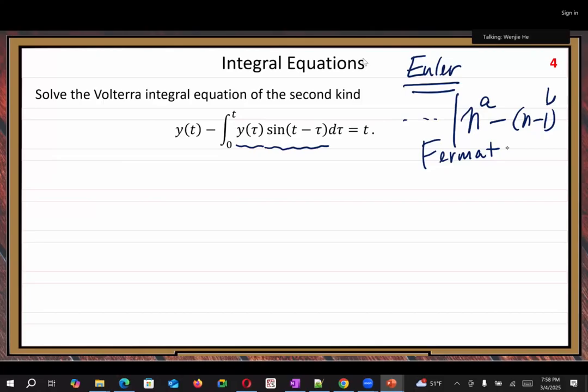Fermat discovered a theorem called Fermat's little theorem. He has a big theorem, and then there is a little theorem.